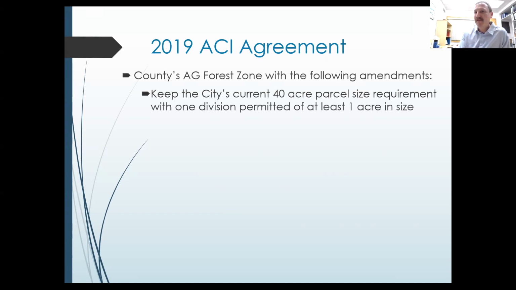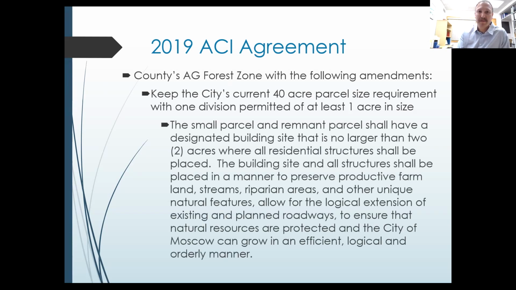We wanted to keep it at the 40-acre minimum lot size to encourage people to annex into the city and eliminate this fragmentation of the area city impact that would in turn make it harder for the city to grow and logically develop. So we ended up keeping the current 40-acre parcel size and then inserting language.